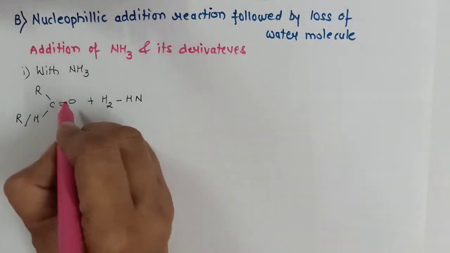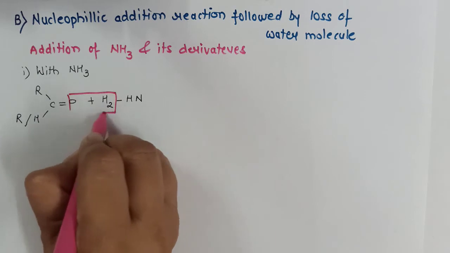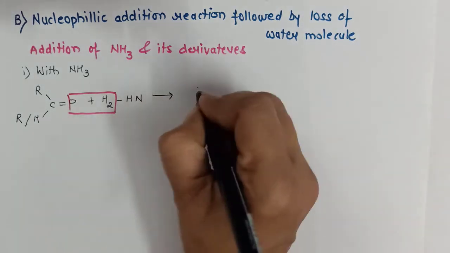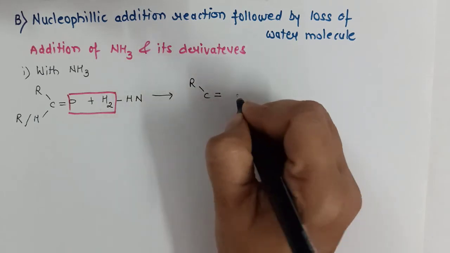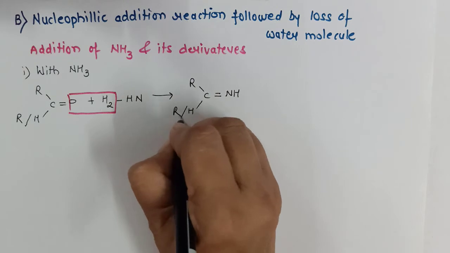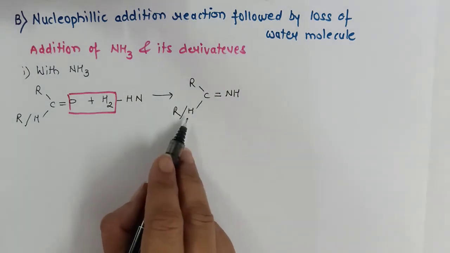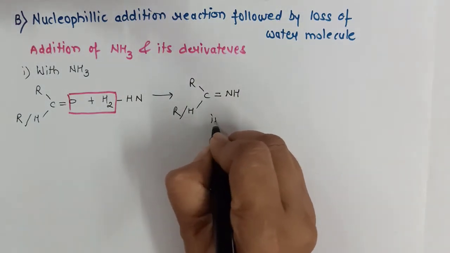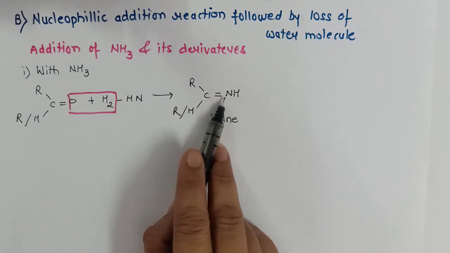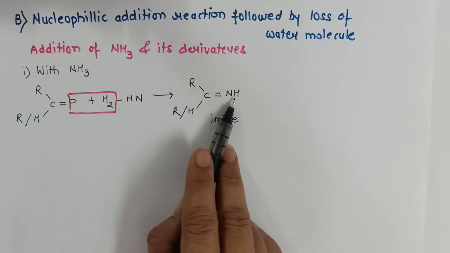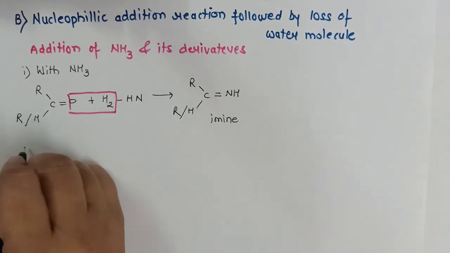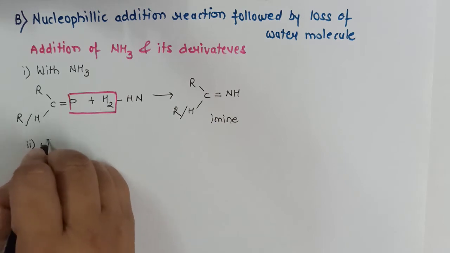So a water molecule is lost and we get the addition product imine, either of the aldehyde or of the ketone. About imine, I have already told you that imine means carbon is doubly bonded with nitrogen and nitrogen is attached to either hydrogen or any other group. Okay, second one, with amines.